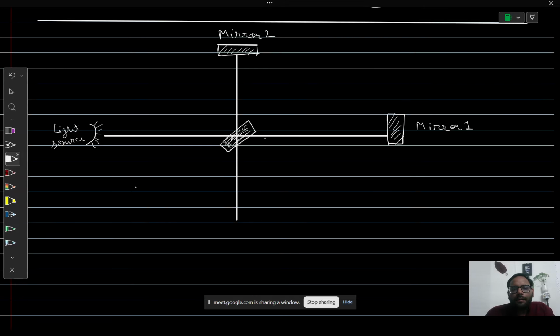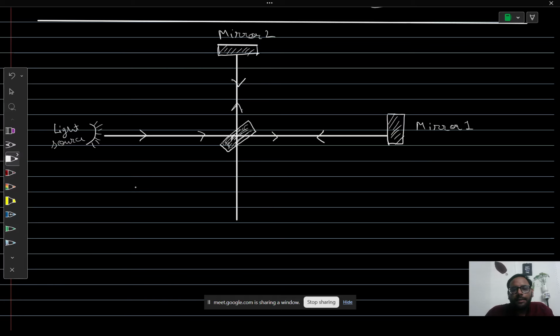Now what happens? The light enters this crystal and gets partially reflected and partially transmitted. The light goes halfway here and halfway here. After complete reflection, it comes back.